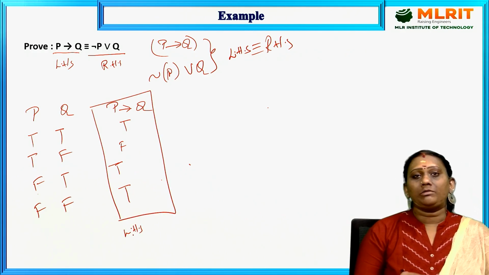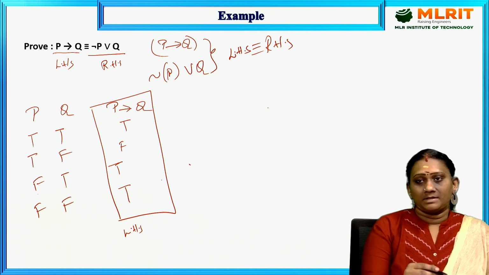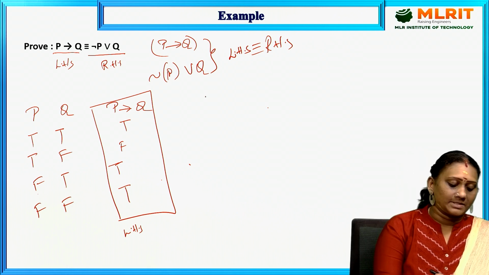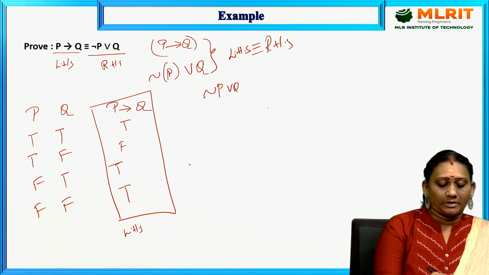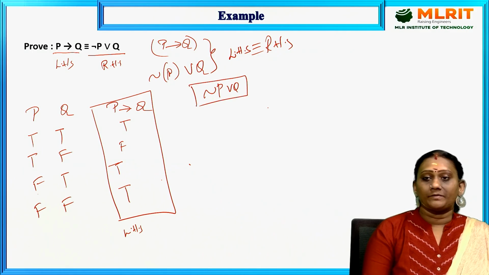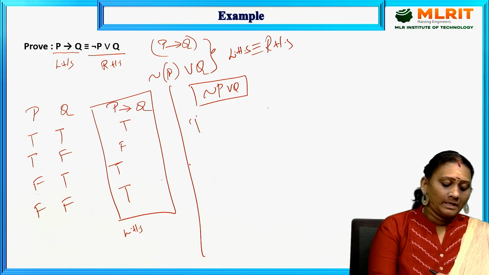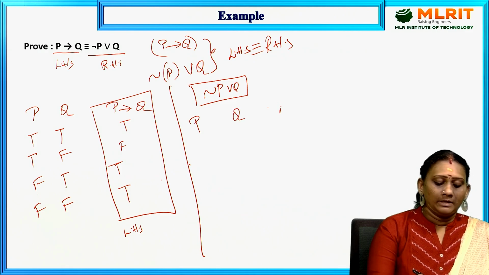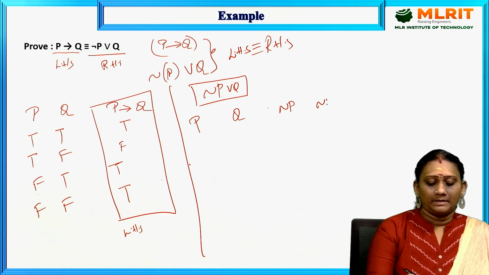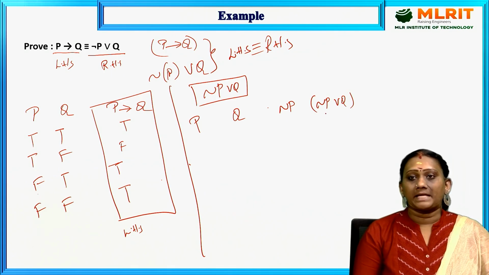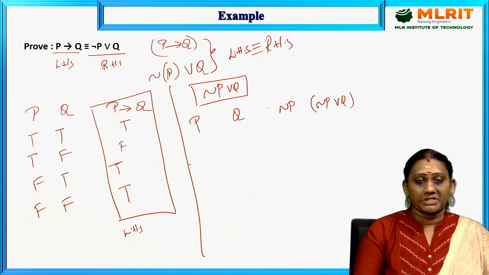And I am going to give the output for the second statement, that is the RHS, negation P or Q. I am going to draw a separate truth table for this now. P, Q, negation P or Q. So this is my second logical expression.